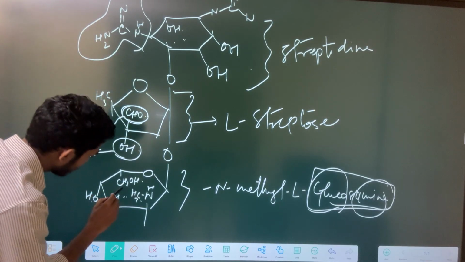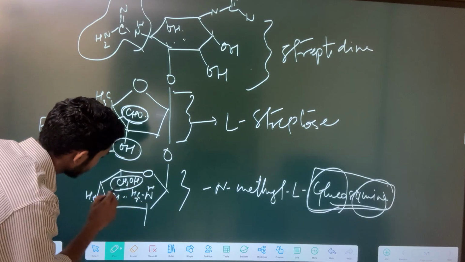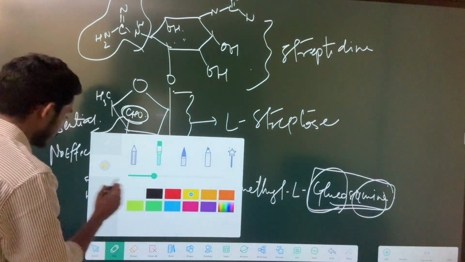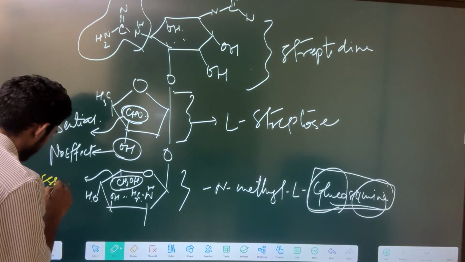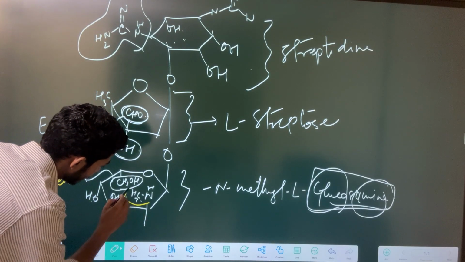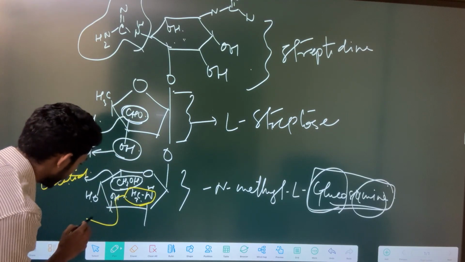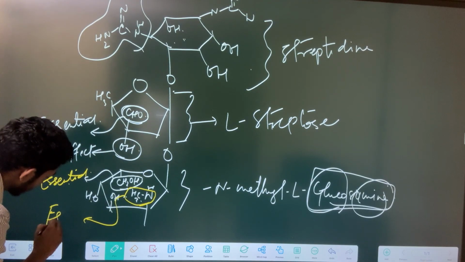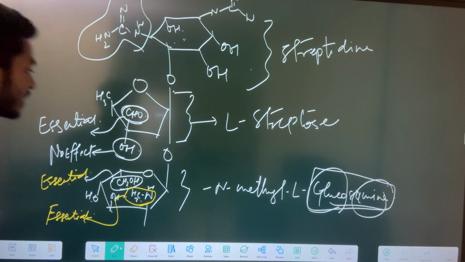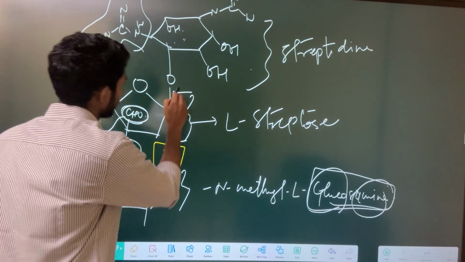Again this CH2OH, that is the alcohol group, the presence of this alcohol group is very important, so it is essential. Again this NCH3 group, I have already mentioned earlier, it is also essential for the activity. These are necessary. Presence of this ether bond is a must.